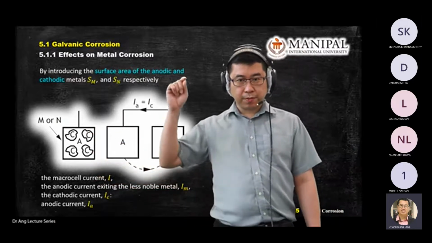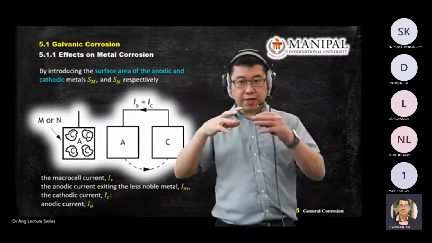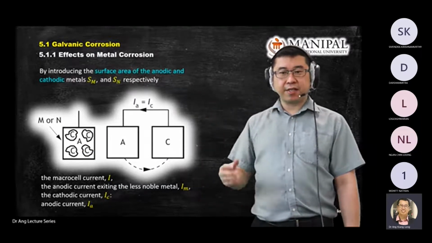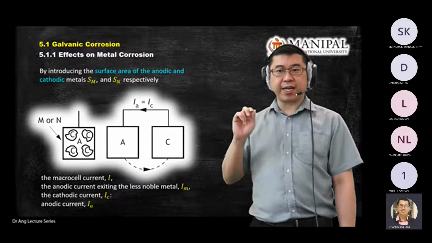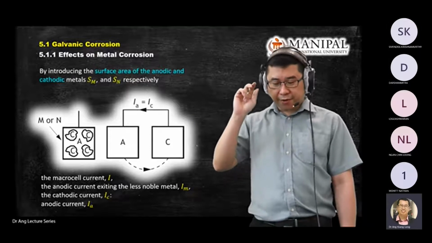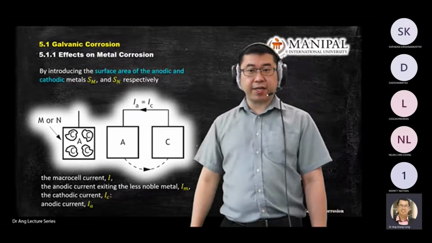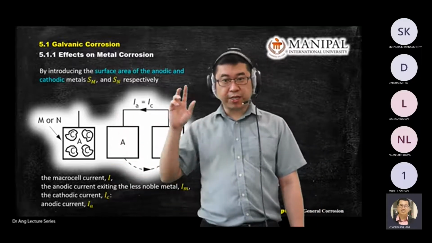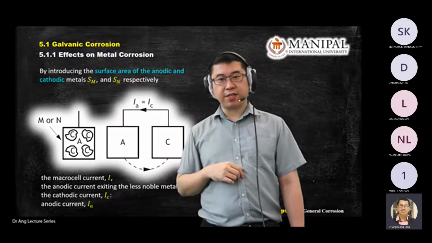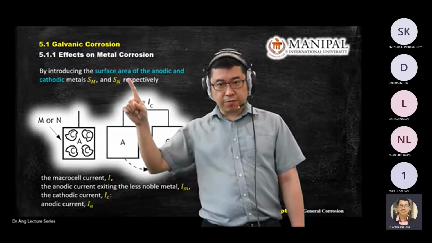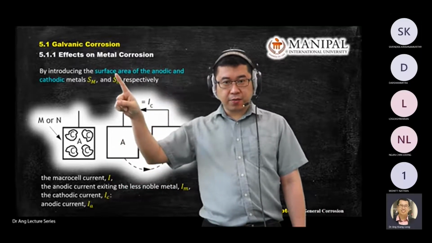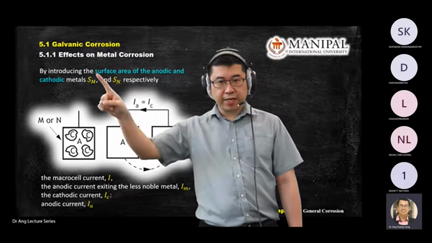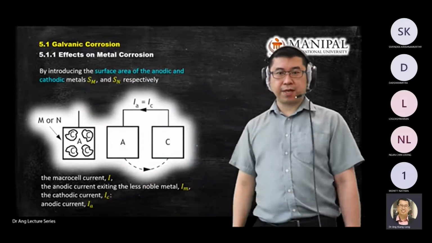So just now in one table we talked about eight factors that affect galvanic corrosion. One of them is the geometric dimension that I pointed to in the first session, right? We talk about the surface area of anodic and cathodic metals.